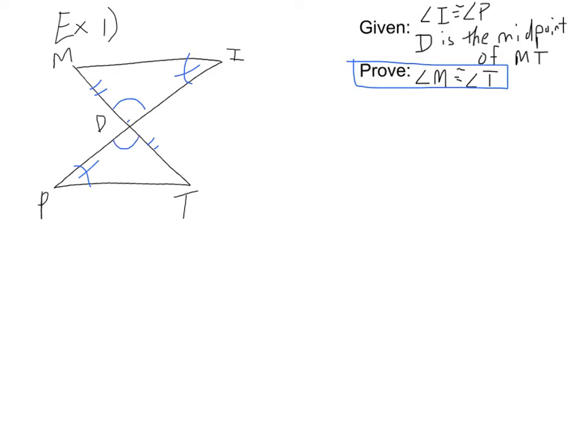You can even tell, even before we do the proof, that we're going to do angle, side, angle. See how the side is in between the angles? This is known as angle, side, angle. Okay, so we already know our proof. Now we have to write it.